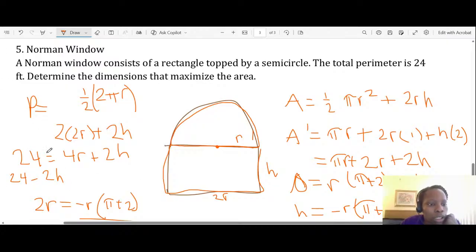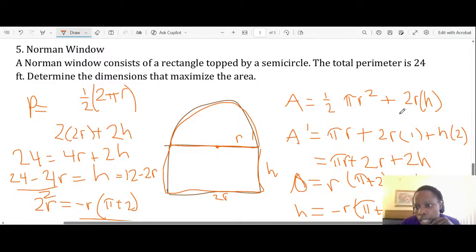No, let's say minus 4r, right? Divided by 2 equals h. Okay, so we can take 2 out of everything and say 12 minus 2r. Okay, so h is actually 12 minus 2r.